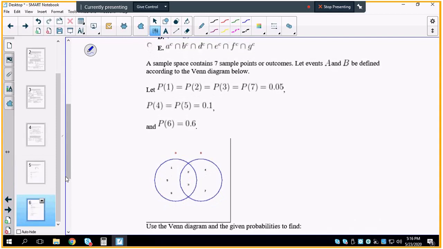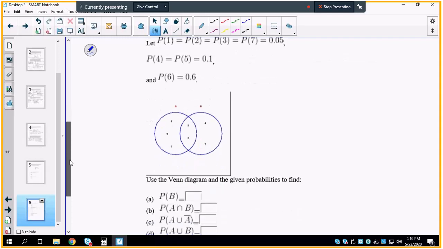One more problem. A sample space contains 7 sample points or outcomes. Let events A and B be defined according to the Venn diagram below. So A is the event containing the sample points 1, 2, 3, 5, and 6, and B is containing 2, 3, 4, and 7.